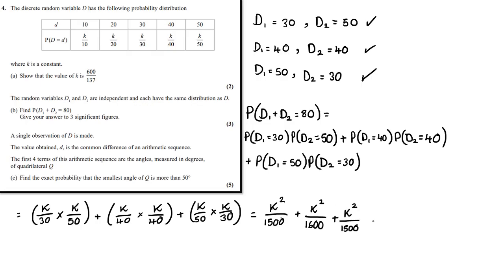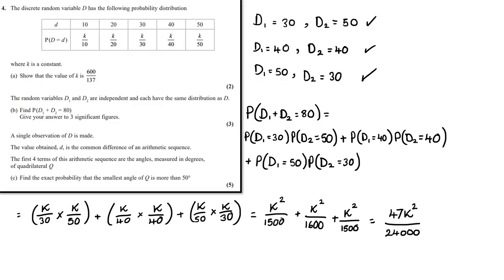So if we simplify this, whether you do that by hand or on your calculator, what you should find here is we get 47k squared over 24,000. Okay. And from here now, it's pretty simple to finish this question.